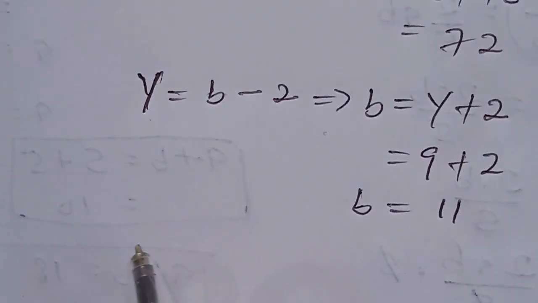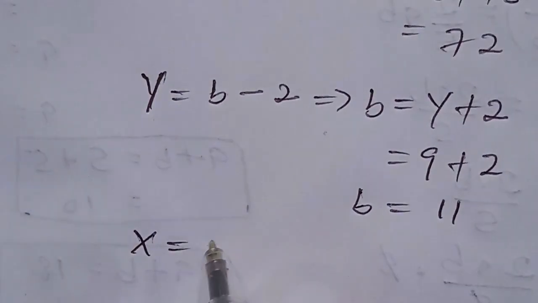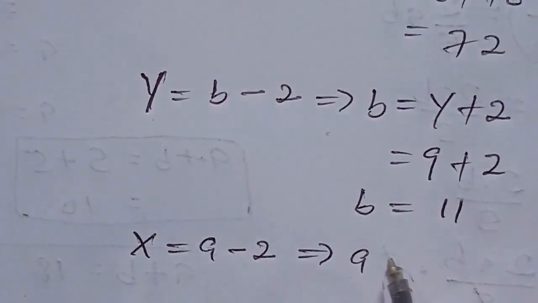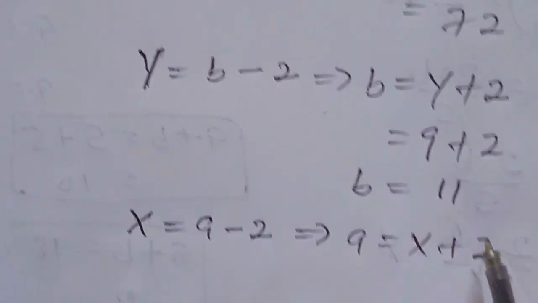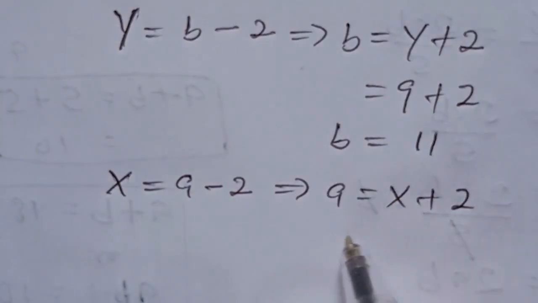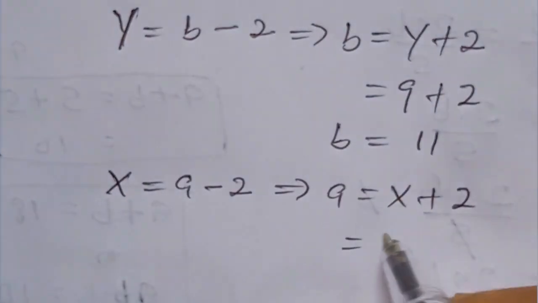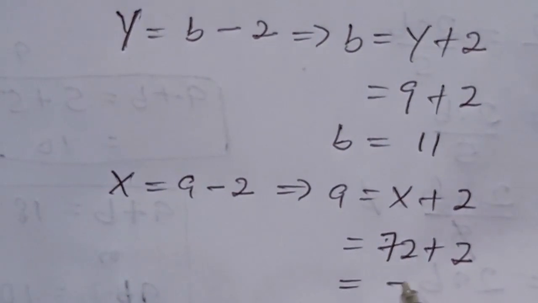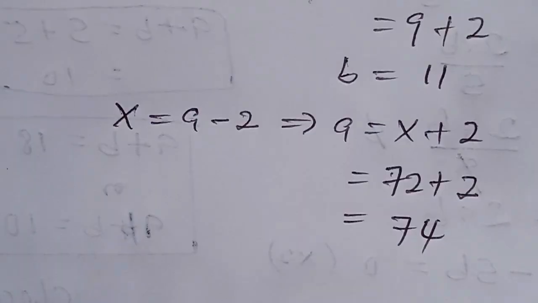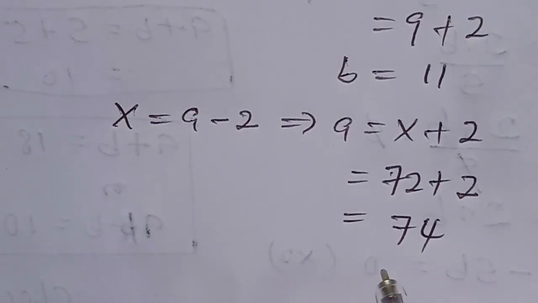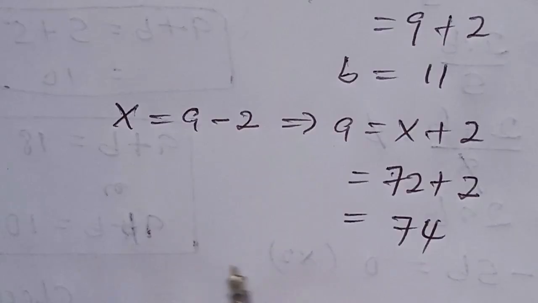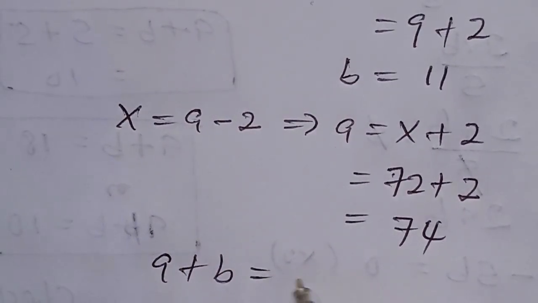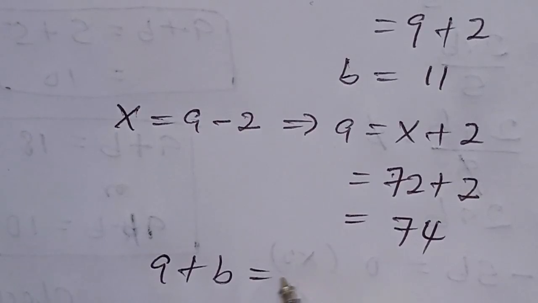Then for x, we have x equal to a minus 2. So it means that a will be equal to x plus 2. Substituting the value of x, which is 72, plus 2, that will give us 74 for the value of a.